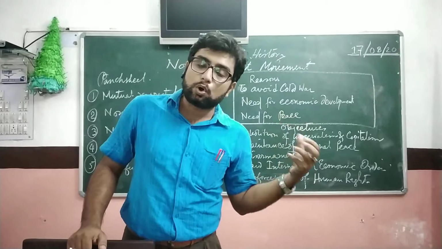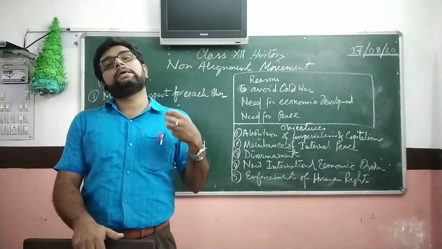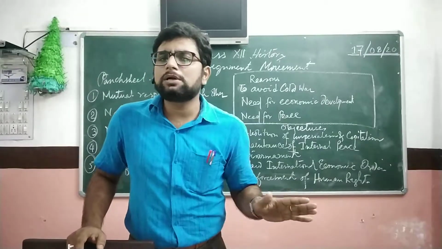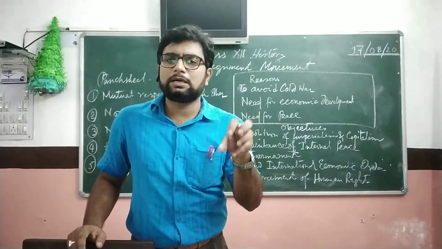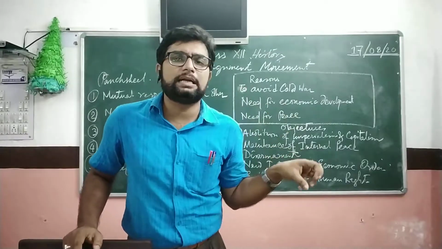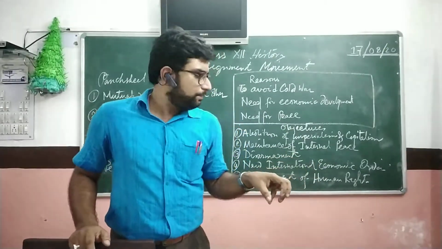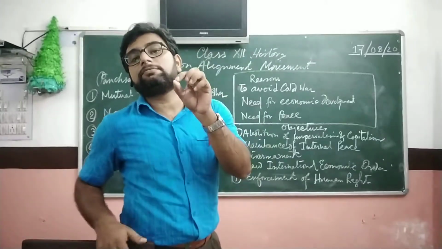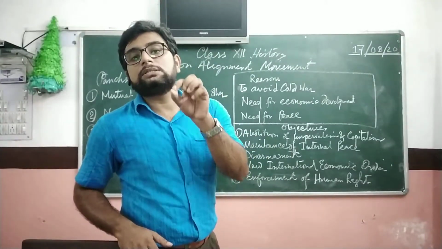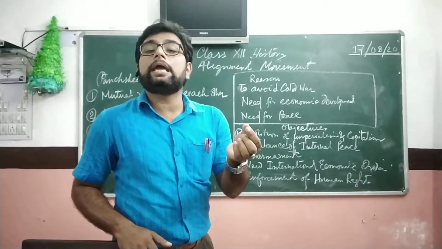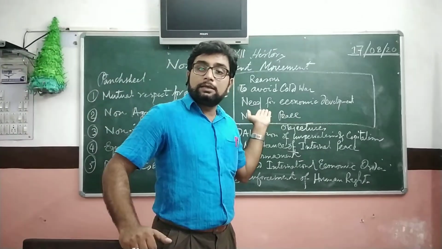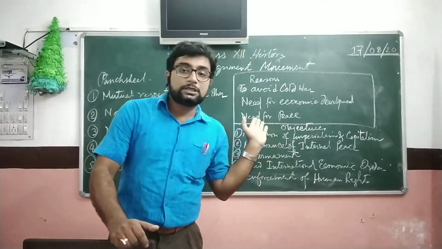Not only war, but also in terms of making colonies, the big powerful countries had killed innumerable people in those countries, especially in Asia, Africa and Latin America. So, enforcement of human rights, giving people their fundamental rights, was one of the main aims of the non-alignment movement.